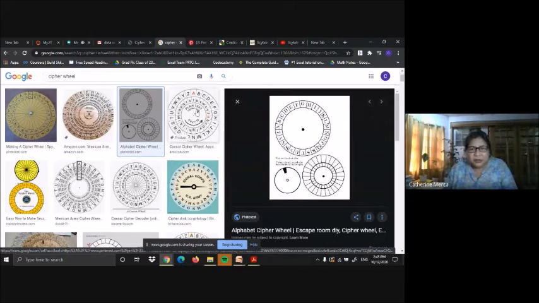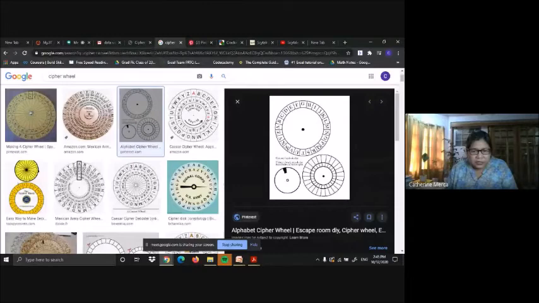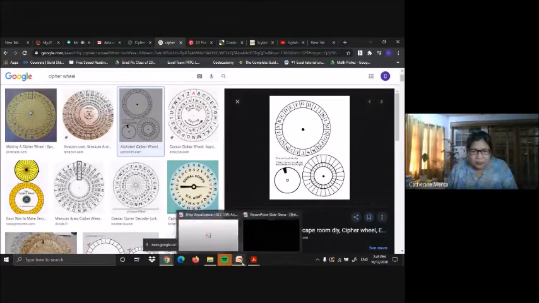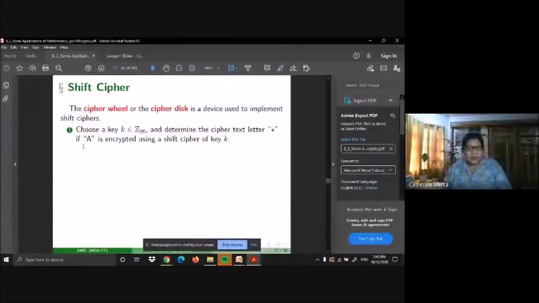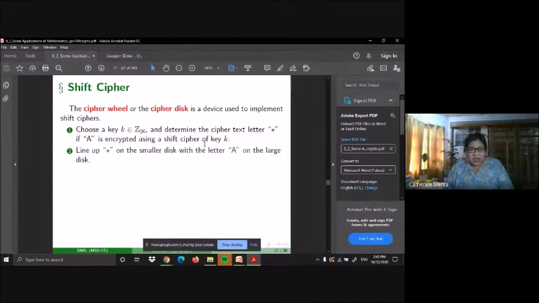So now, back to our topic. Let's continue. Okay, so that was the cipher wheel. Choose a key k, an element of Z sub 26, and determine the ciphertext letter. If A is encrypted using a shift cipher of key k, line up the smaller disk with the letter A on the large disk.